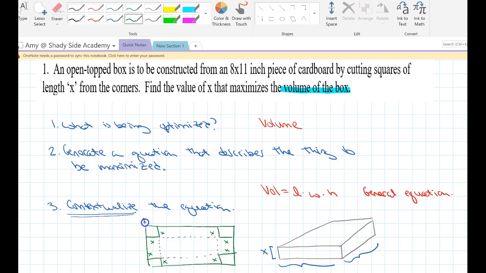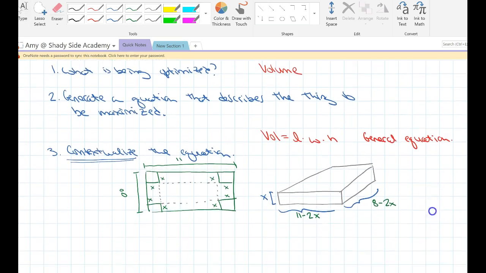Well, if we know that it started out as 11 inches and this dimension started out as 8 inches, when I fold the flaps up, this length becomes 8 minus 2x, right? Because this length is 8 minus x, fold up this little flap. Similarly, this length becomes 11 minus 2x. Everyone okay?